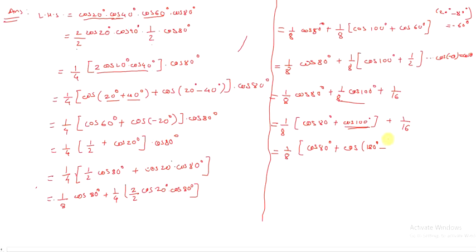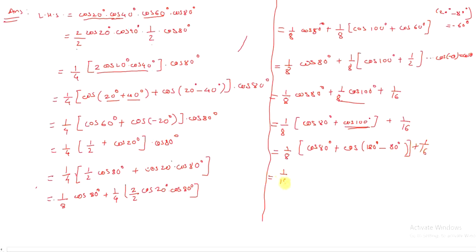But for that purpose it will have a negative sign, no? So here theta means 80 degree, sorry, here we have to subtract 80 degree, and plus 1 by 16.